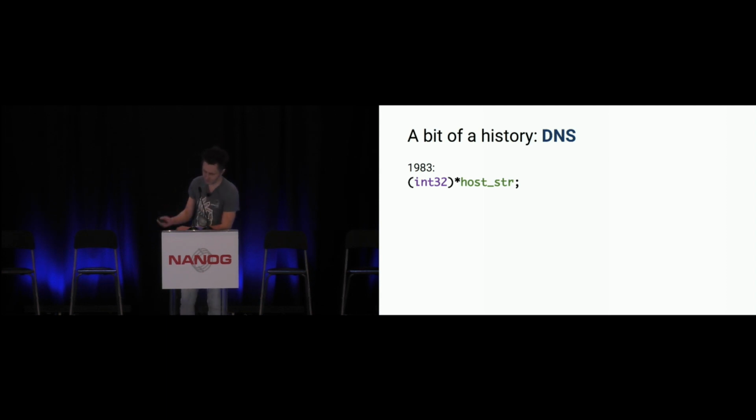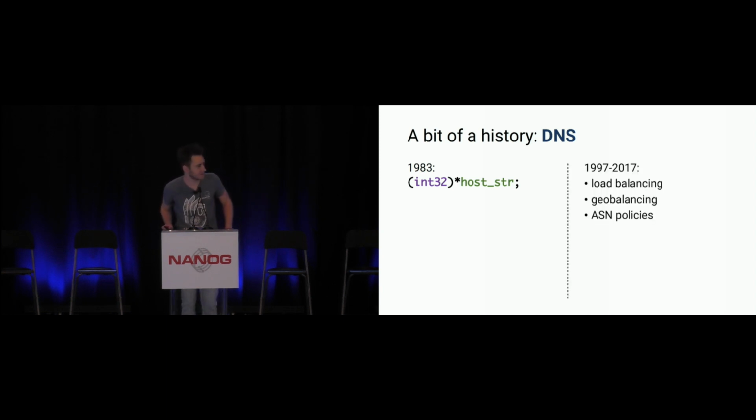So it was just a simple conversion from a string, which is a host name, to a 4-byte integer, which is an IPv4 address. Some other functionality was also built into the protocol, but except for a few cases, it was all just required for the protocol itself to run. And the main purpose initially was like that.